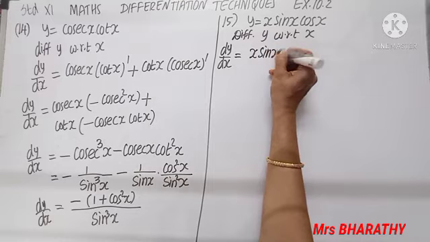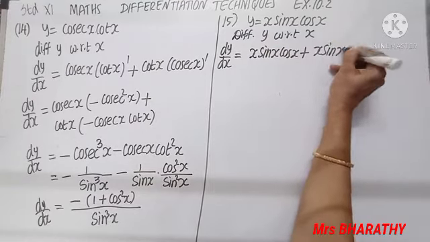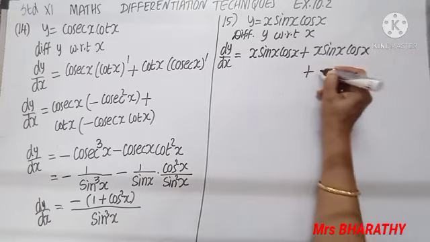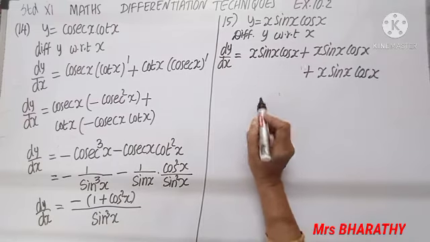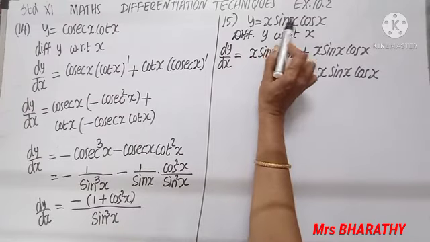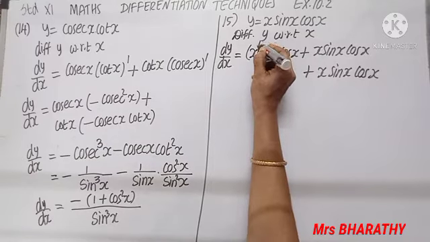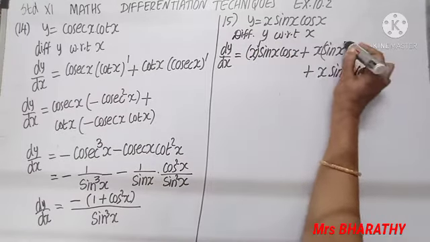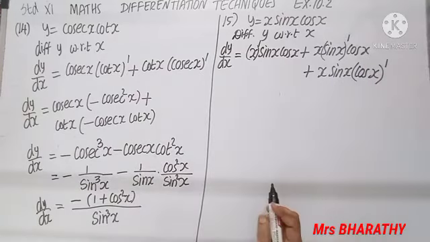Keep the three terms three times. You remember to write this. We always keep two terms and differentiate one term. So the first time differentiate the first term, the second time differentiate the second term, the third time differentiate the third term.